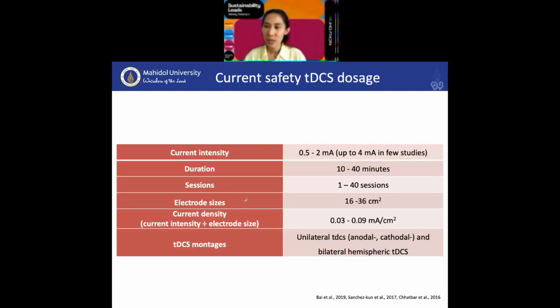And the duration ranges from 10 to 40 minutes, sessions 1 to 40, and electrode size is not more than 36 centimeters square.